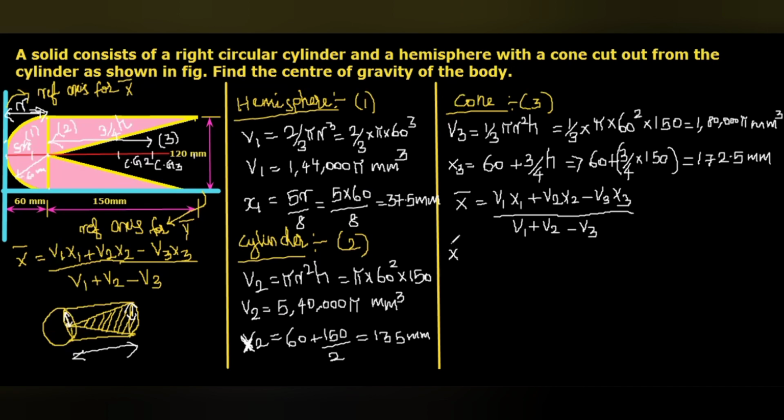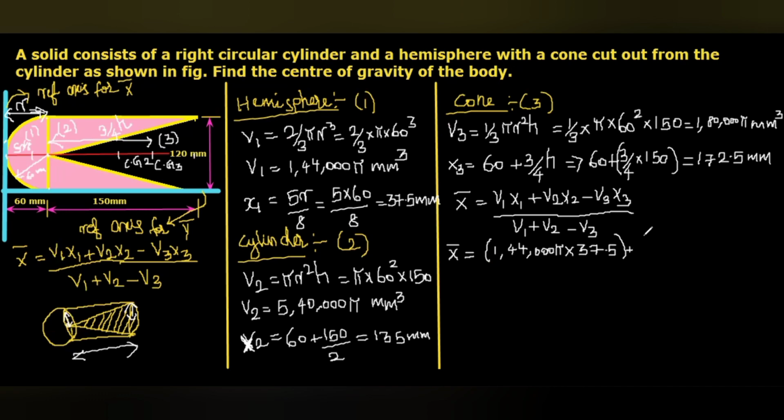Substitute all the values in the formula. X bar equals V1, 1,44,000 pi, multiplied with x1, 37.5.